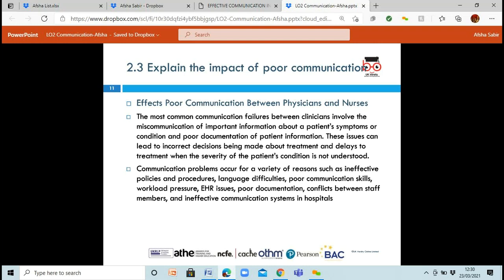So if there's two people that don't like talking to each other and they've been put onto the same service, that might have a bad effect also. So that was 2.3, just a few things that might cause poor communication and the impacts of it.